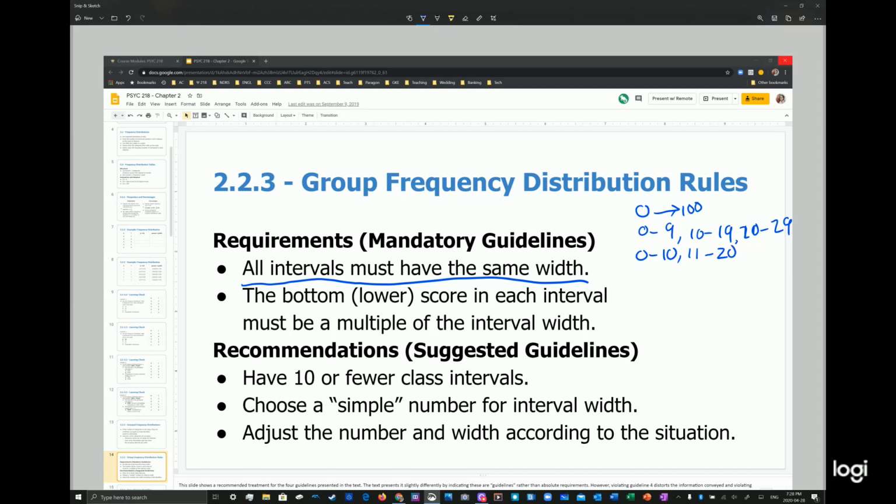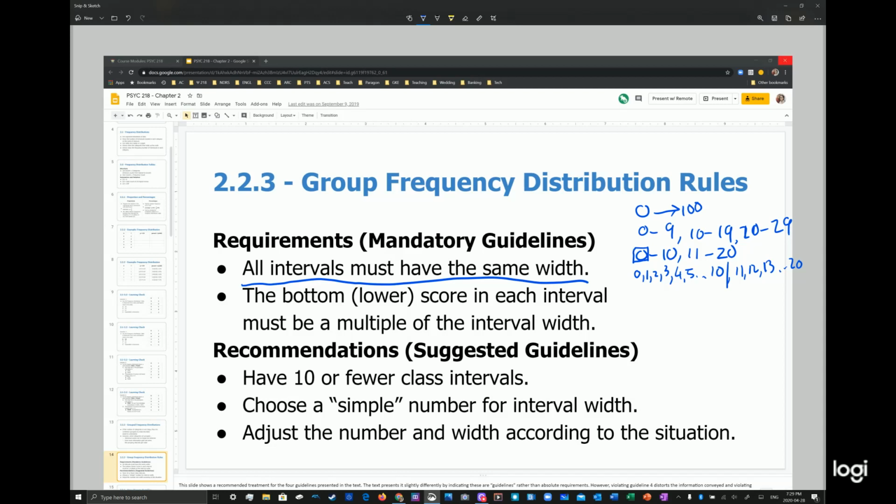Now you'll notice something that's already happening. If I included the 0, this would actually be 11 numbers: 0, 1, 2, 3, 4, 5, and so on until 10. That's actually 11 numbers. And then here, 11, 12, 13, all the way to 20, that would only be 10 numbers. So they must be equal. So that's the first thing you want to keep in mind.